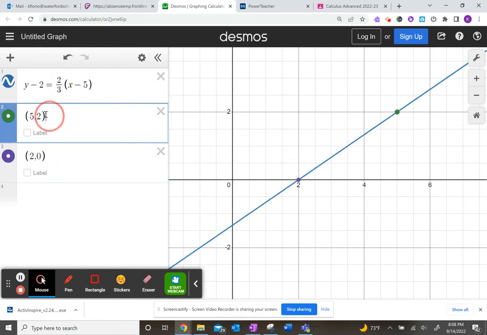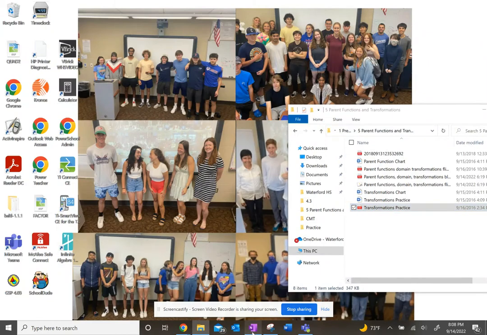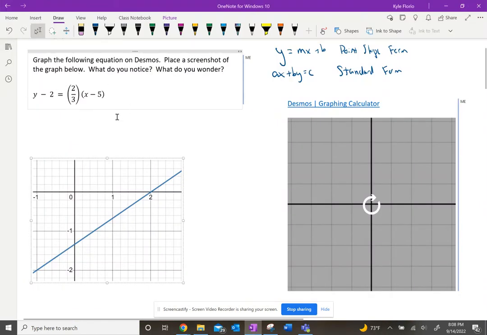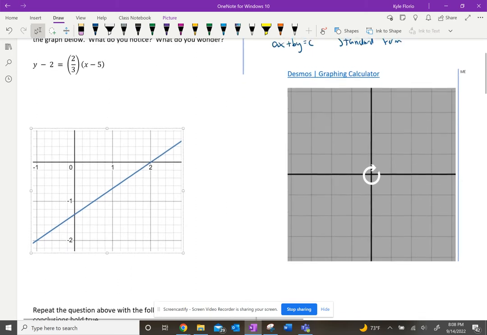The other thing to recognize is this point 5, 2 showed up on the line. And this 5 right here is where that 5 is coming from, and this 2 here is where that 2 is coming from. So the purpose of this form of a linear equation is just so that if you're given a point and the slope, you can write the equation quickly by using this.